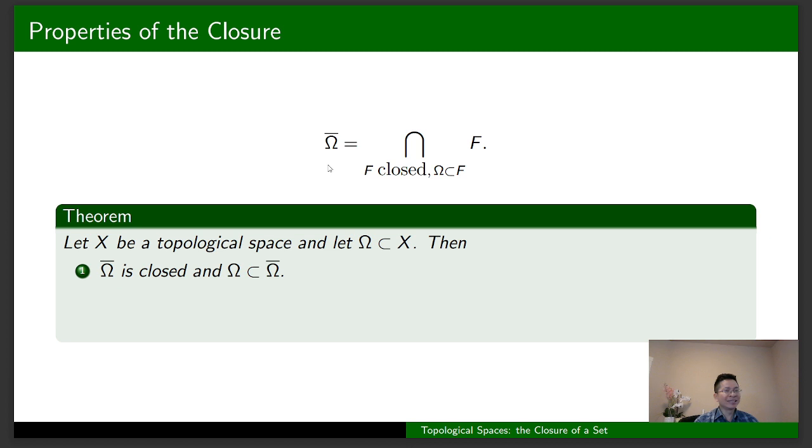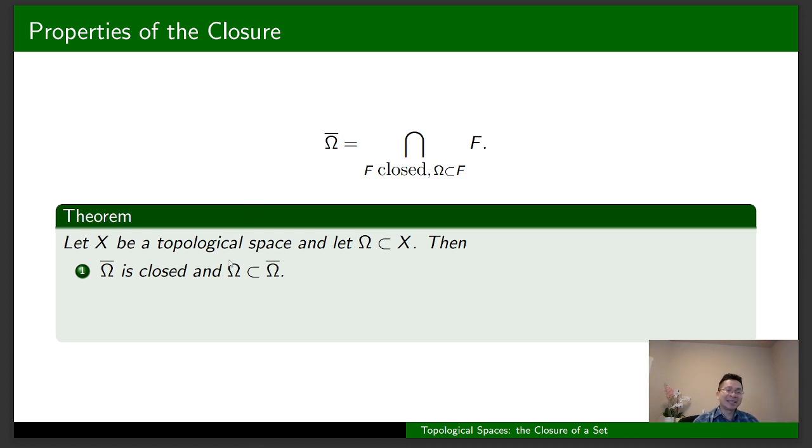By definition, the closure of omega is the intersection of a family of closed sets. This is the family of all closed sets that contain omega. And as you know, in a topological space, the intersection of an arbitrary collection of closed sets is closed. Therefore, the closure of omega is closed.